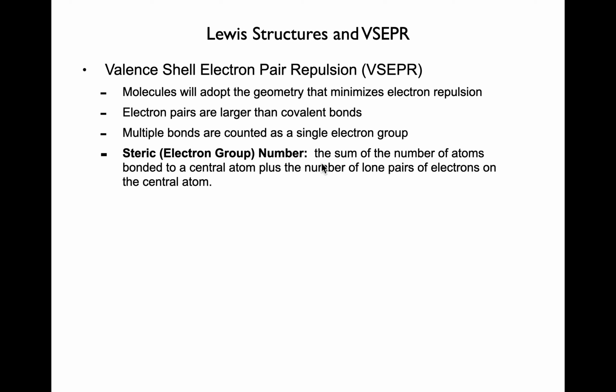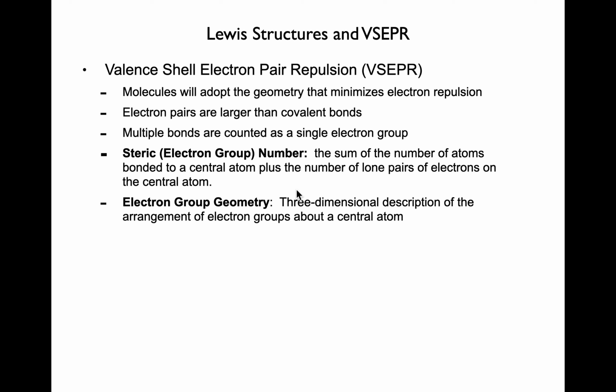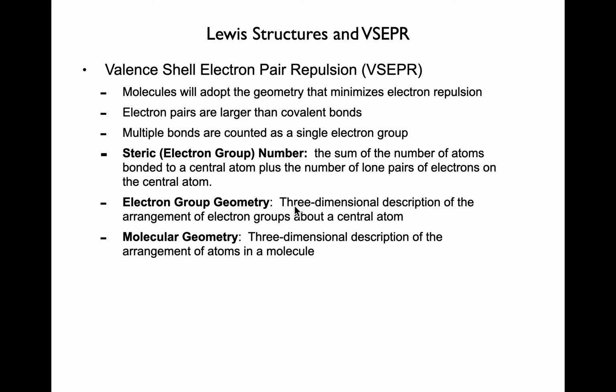This is the number of atoms bonded to a central atom plus the number of lone pairs of electrons on the central atom. Another way of thinking about this is just how many things come out of a central atom. If we count lone pairs, single bonds, and double bonds, each as 1 thing, how many things come out from the center? Then we can define what's known as the electron group geometry. This is the 3-dimensional description of the arrangement of electron groups that come out of a central atom.